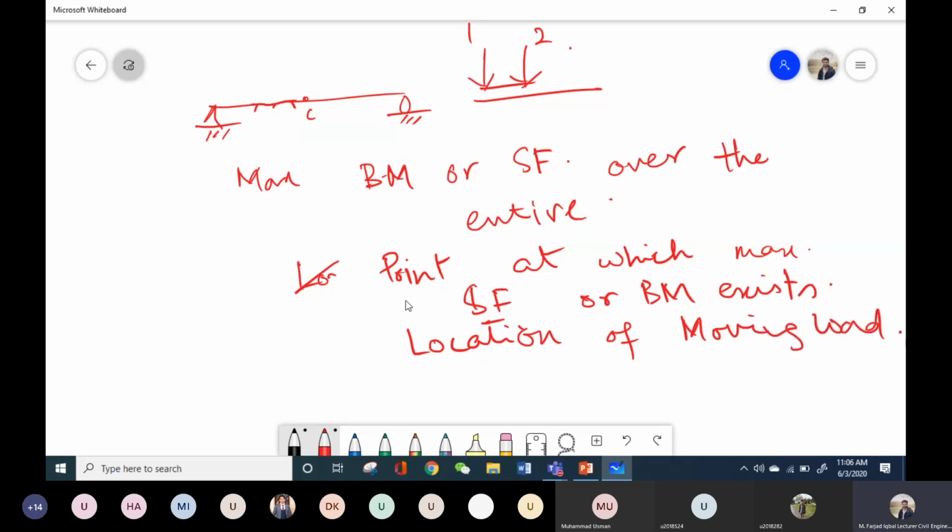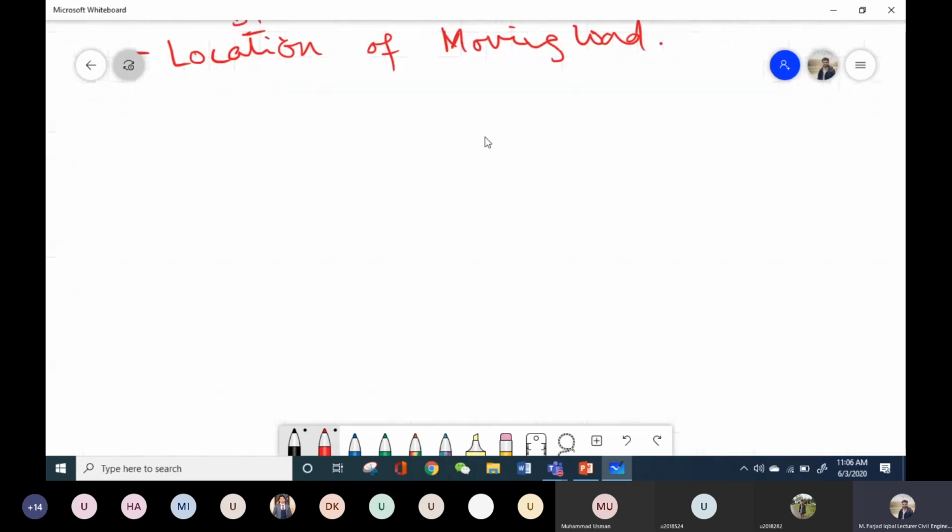So these two things are the main points that we need to compute in this kind of problem. So let us first start with a cantilever beam.